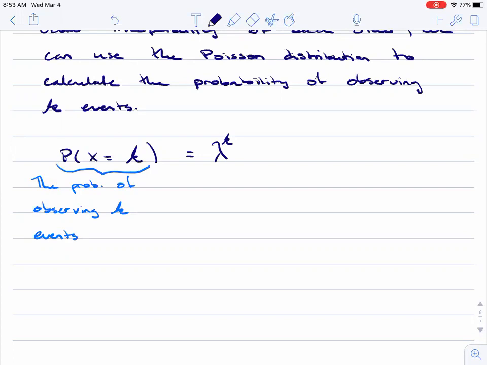And then we've got e, the constant, to the negative lambda, over k factorial. And we talked about n factorial last day. K factorial is k times k minus 1 times k minus 2 all the way down to 1. So 4 factorial is 4 times 3 times 2 times 1.